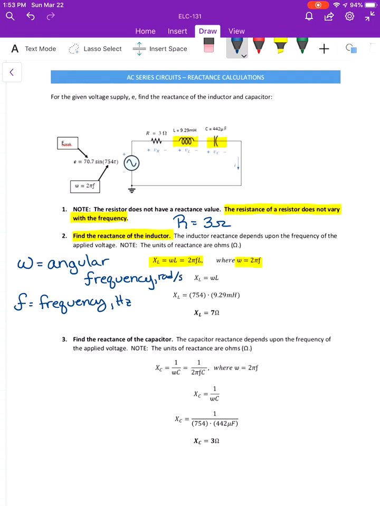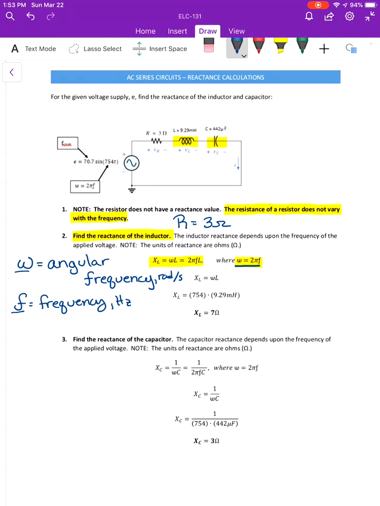They both mean frequency, but the angular frequency, if you want to think of it as the cycles, would be the circle being drawn. So we're just taking our frequency in hertz and multiplying it by 2 pi to get that. That's the relationship between the angular frequency and the frequency in hertz.